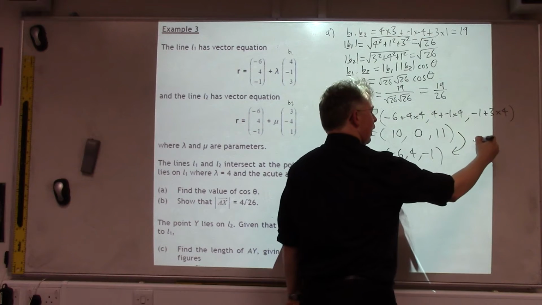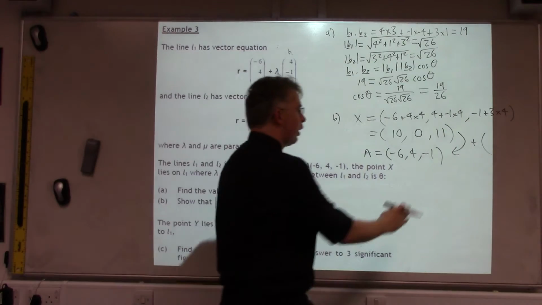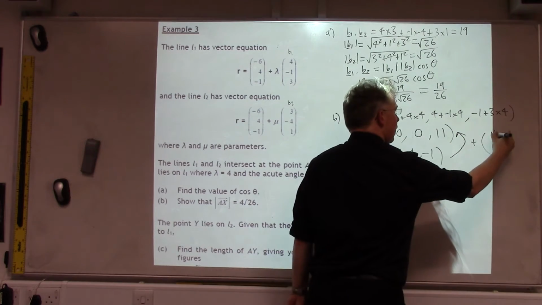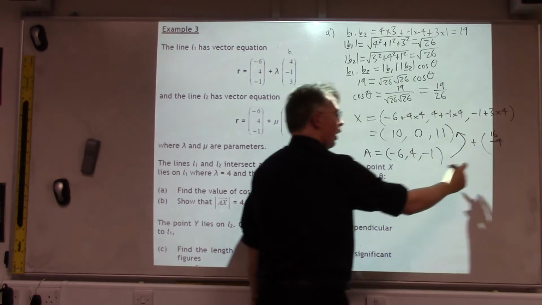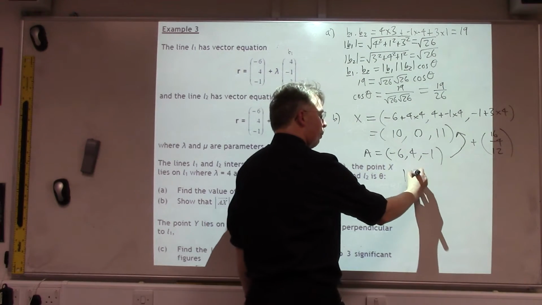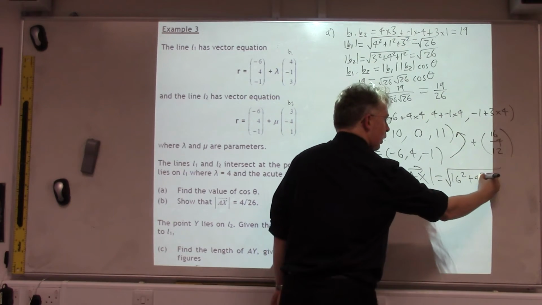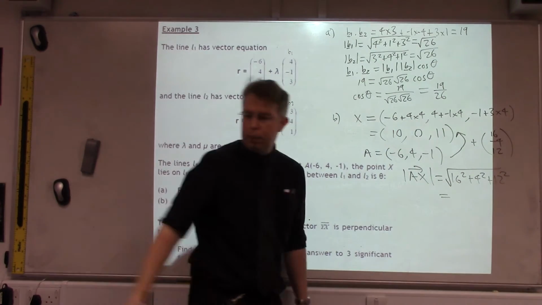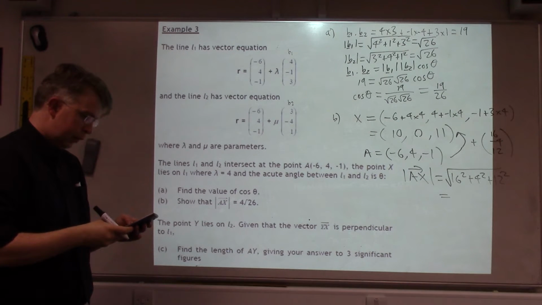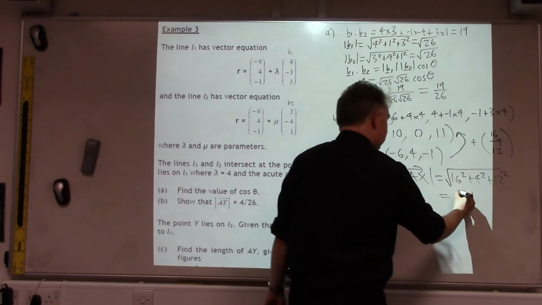Taking the vector from A to X, minus 6 to 10 is 16, 4 to 0 is minus 4, and minus 1 to 11 is 12. Therefore, using Pythagoras, the magnitude of A to X equals the square root of 16 squared plus 4 squared plus 12 squared. Plug it into the calculator, and we get 4 root 26 like we're supposed to.